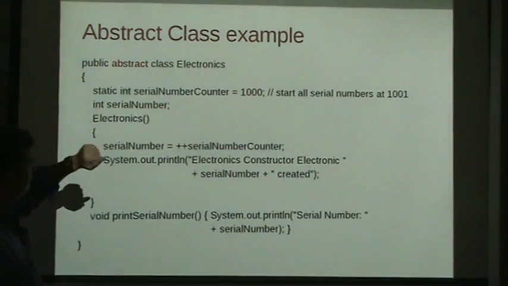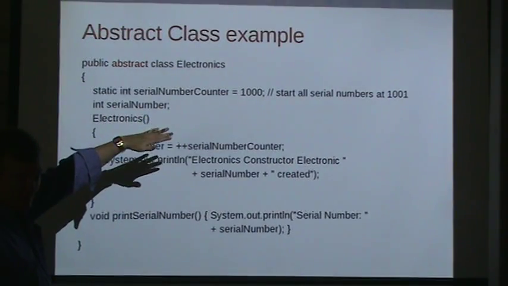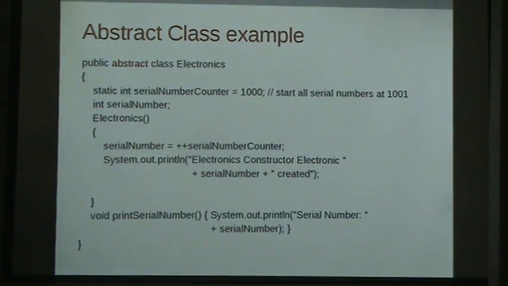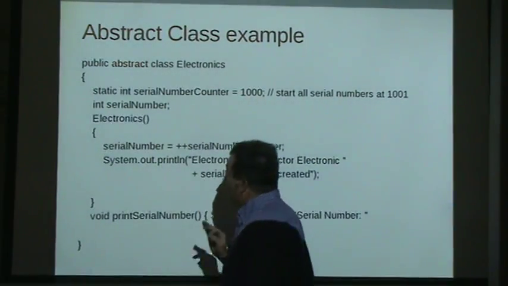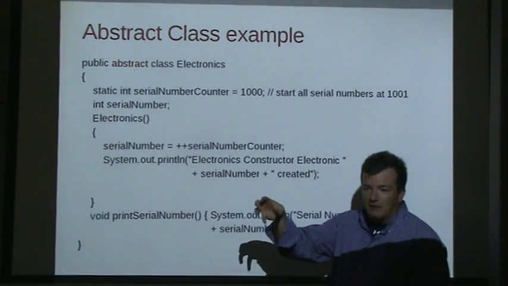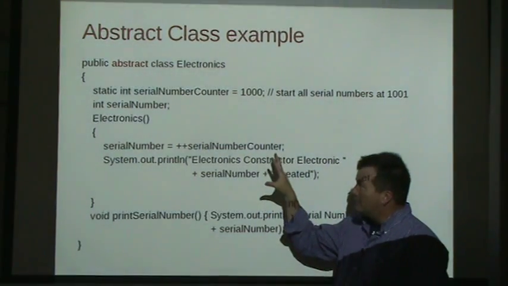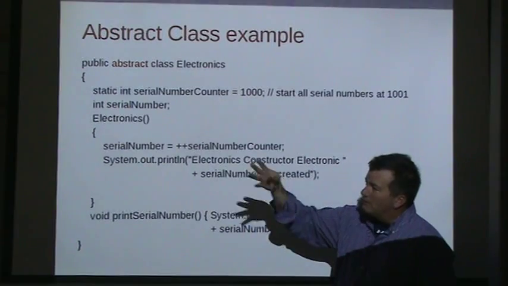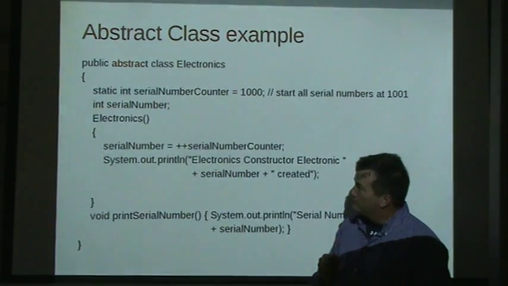We're never going to actually create something called an electronics. But maybe all the electronics we create have some things in common. So it might be a good idea to create an abstract class, a class we will never actually create an object of, but it's good to have the class anyway, so all our other classes can inherit from it.